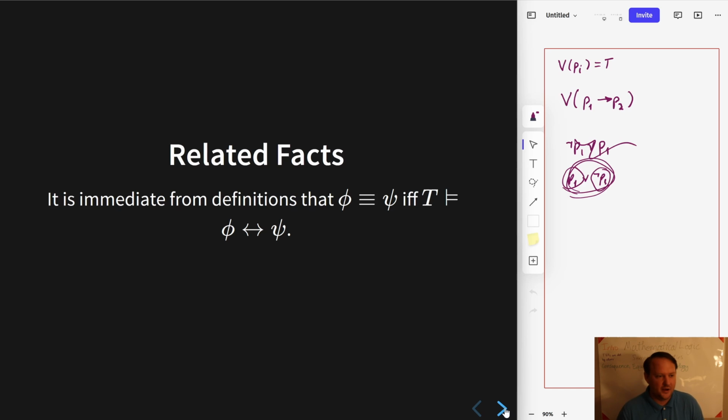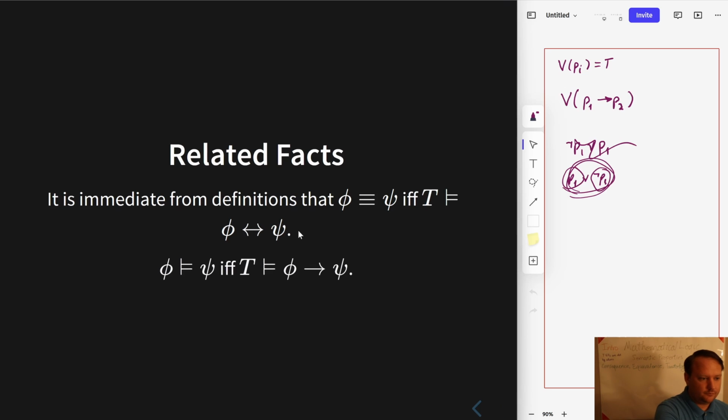Anyway, it's worth knowing that equivalence is captured by the tautology of this sentence. Another similar statement: phi entails psi if and only if the single conditional direction is a tautology.